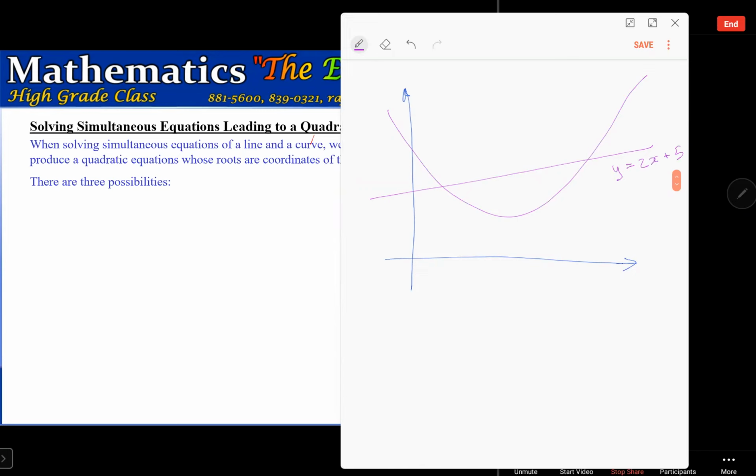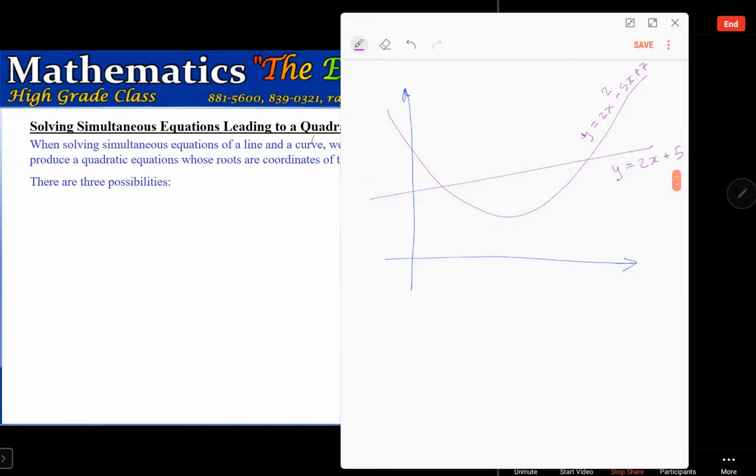But the curve will have a quadratic-like equation or some curve-like equation. It doesn't have to be quadratic, but some curve-like equation. Let's say it's a quadratic. The curve might be something like y equals 2x squared minus 5x plus 7, for example. Just making up something random. So that's a line and a curve.